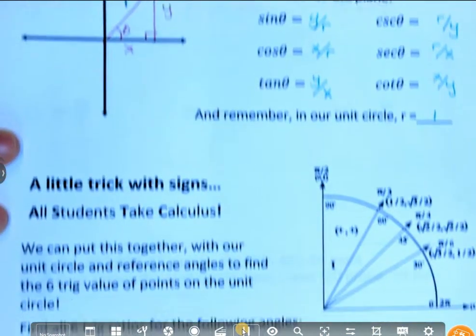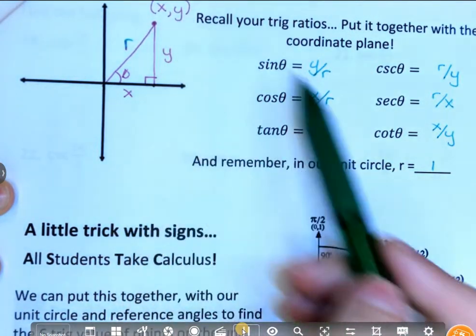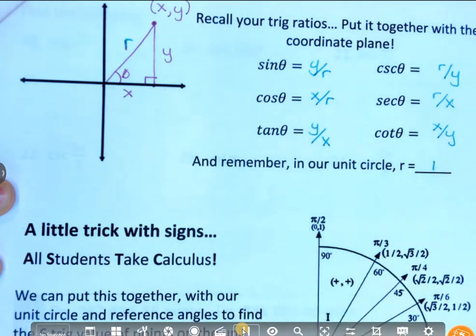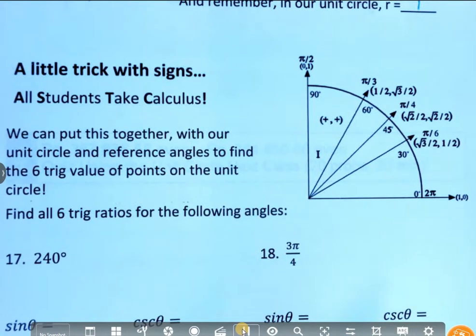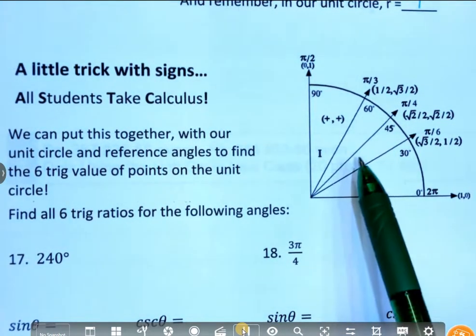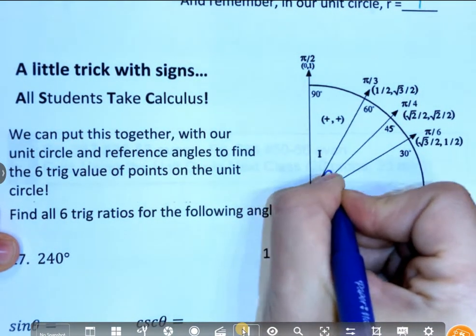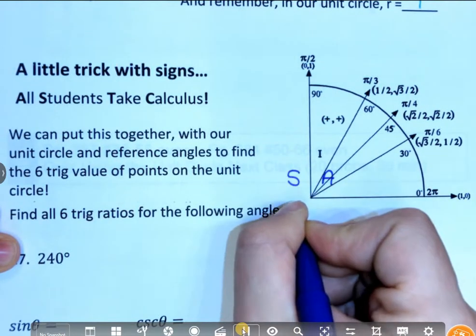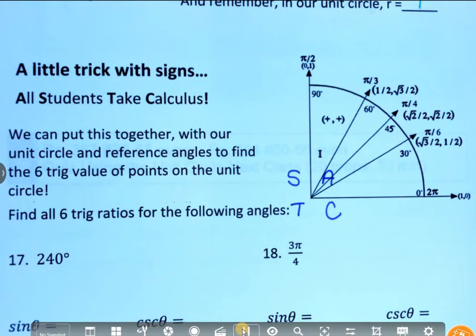So there's that, understanding that if we know our x and our y, we can find sine, cosine, and tangent. And there's also a little trick so that you only need to use that first quadrant. I've got my first quadrant here drawn. That's all I need. All students take calculus. It's a little mnemonic device to remember how things work out.